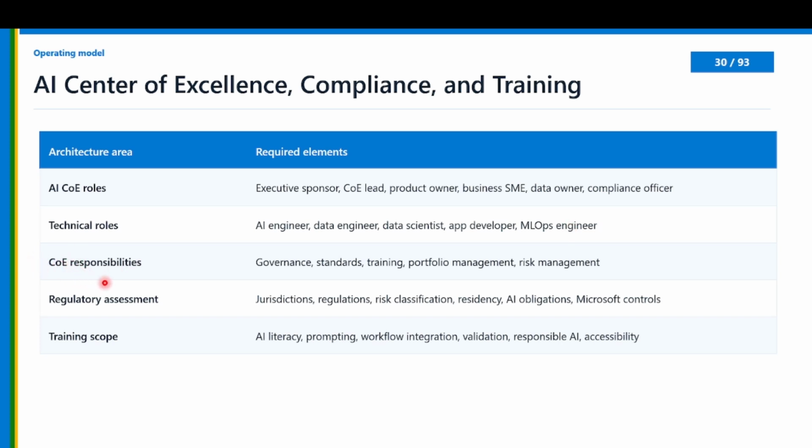Then we have COE responsibilities. What are the responsibilities of the Center of Excellence team? Their responsibility is to make sure that the application is governed. Okay, you remember a compliance officer is part of the team. They are responsible for seeing to it that the application that you are developing as an architect is governed. They are responsible for ensuring that the application meets company standard. They are responsible for training stakeholders and business owners to adopt the application, to adopt AI.